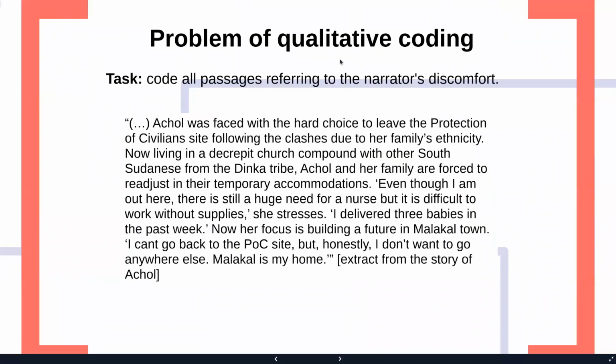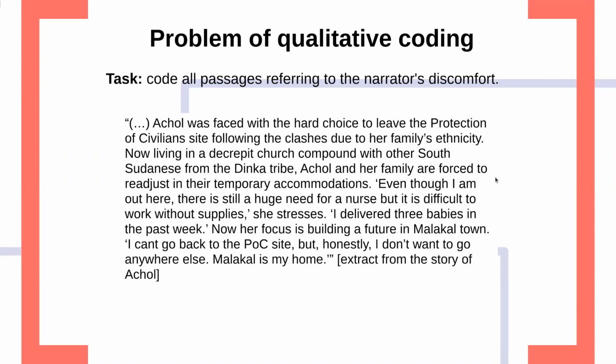So we are here. This is the passage from one of the narratives, and you should look for discomfort. It's about how Eshol was faced with the hard choice to leave the protection of civilian side following the clashes due to her family's ethnicity, now living in the decrepit church compound with other South Sudanese from the Dinka tribe. Eshol and her family are forced to readjust in their temporary accommodations.